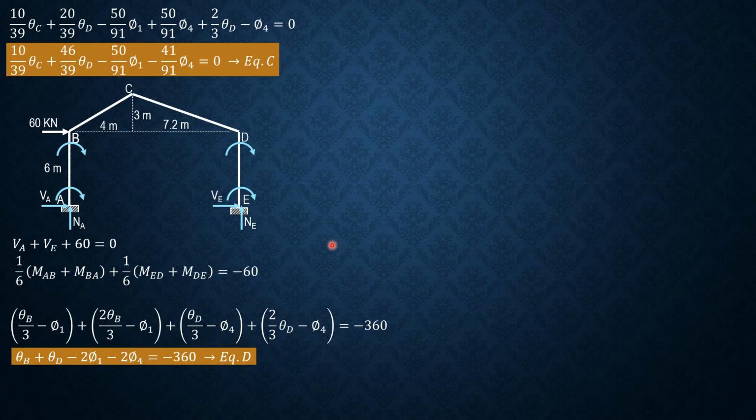Since there are 5 unknowns, we have to think of another equilibrium equation from the free body diagram, and to do that, let's consider the figure shown.